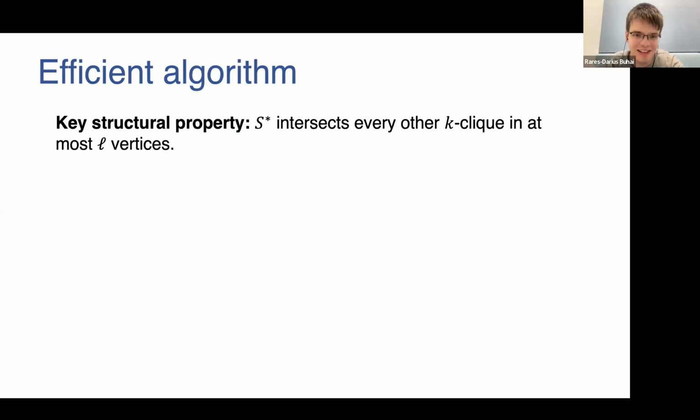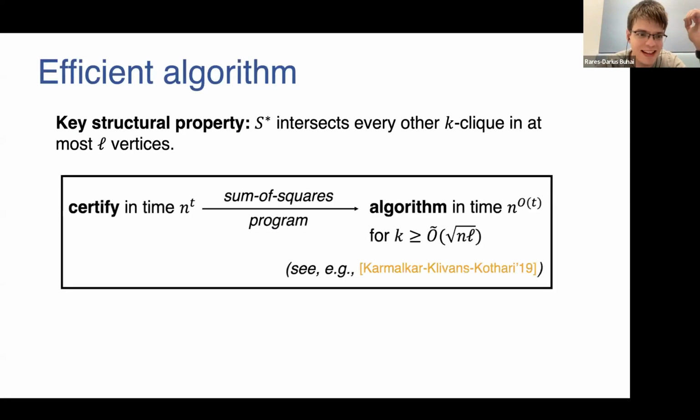So it turns out, this is kind of a big step, that if we can certify this property, that S star intersects every other k-clique in few vertices, if we can certify this in time n to the t, then you can also create a sum of squares program, which is a convex program of size n to the t, that gives you an algorithm that runs in time n to the O of t, and that works for any k at least root n times L. So the k larger than root n times L just comes from the inclusion-exclusion claim on the previous slide.